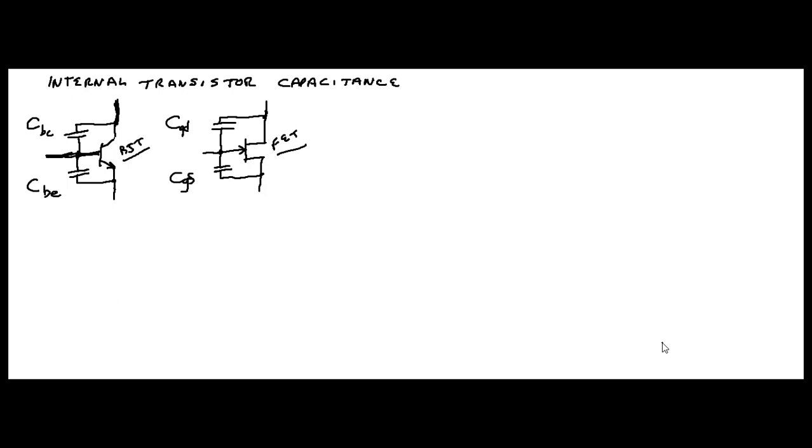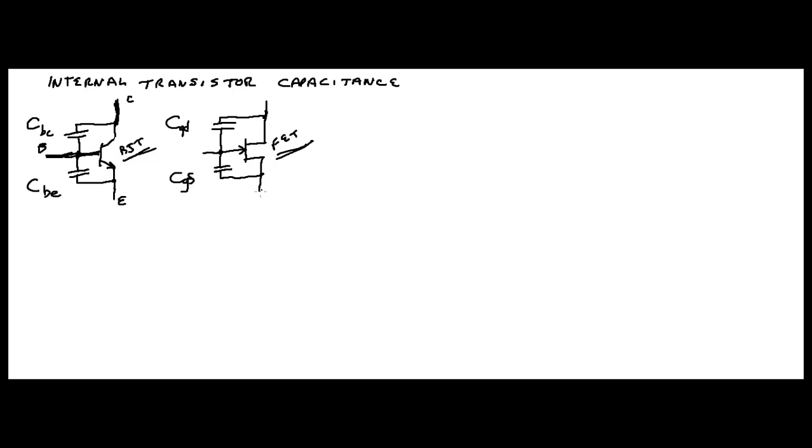The devices we're working with right now are bipolar junction transistors, right here, it's a BJT, and field effect transistors, right here. Remember this is your base coming in right here. Base, collector, emitter.